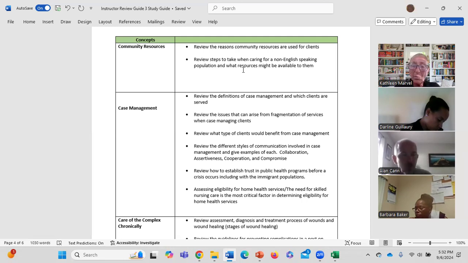So just be able to identify, if a certain conversation is going on, what are they doing? Are they collaborating, which is trying to come up with a joint solution that makes everybody happy? Are they needing to be assertive, advocating for their client, maybe with the client's insurance company?